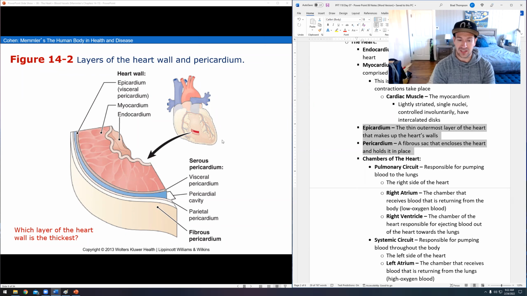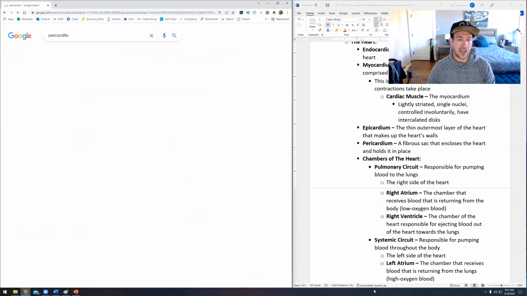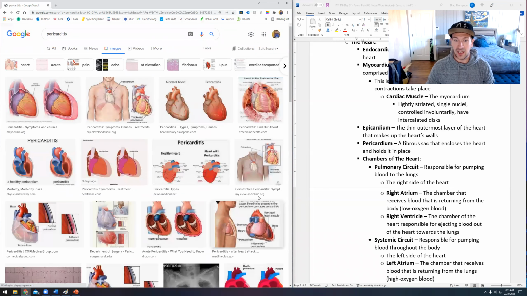So there's this mucus layer in between the two that makes it extremely slick. And so the sac never gets stuck to the heart when the heart is moving and contracting, right? Now there is a disease like pericarditis, for instance, where you can get an infection in between those layers, and a little bit of fluid, a little bit of water, gets between those layers of the heart, right?